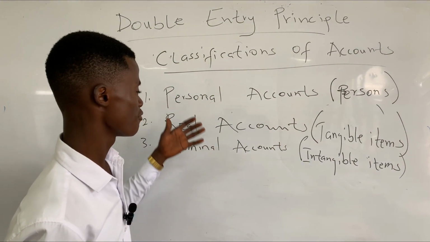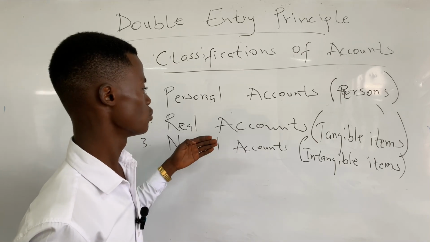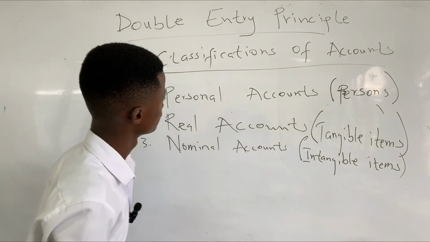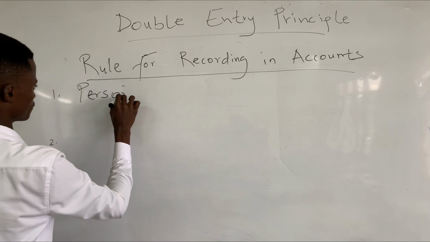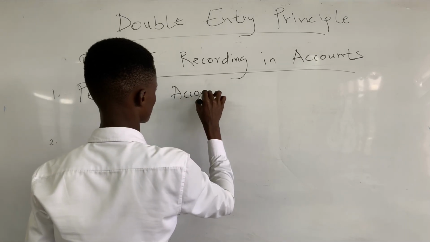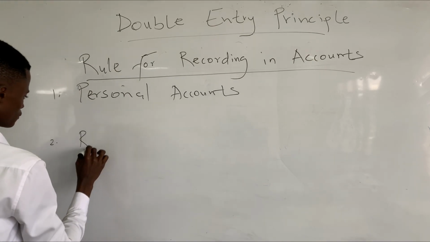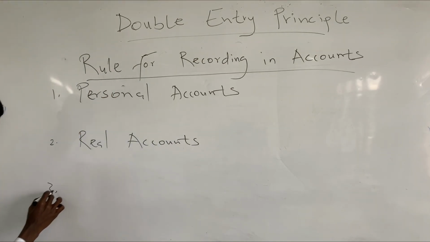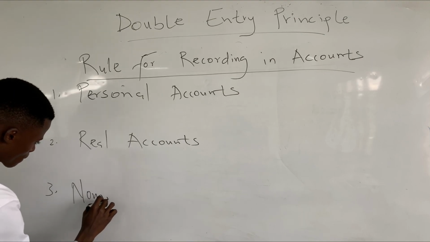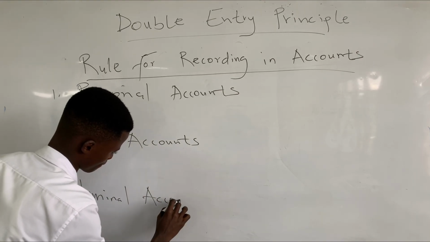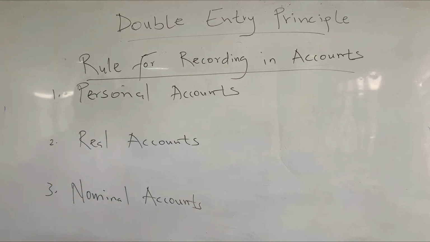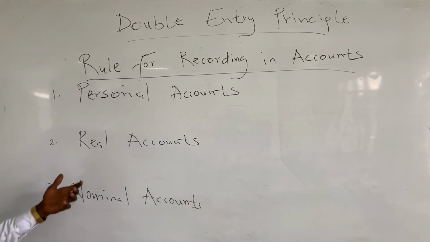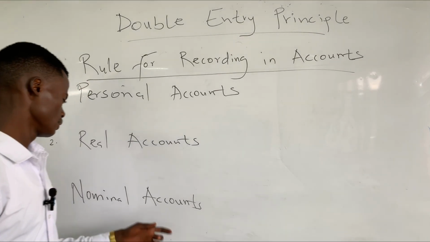What it means is that you have a rule for recording in the personal accounts, a rule for recording in the real account, and one for recording in the nominal accounts. So let's get to know that.